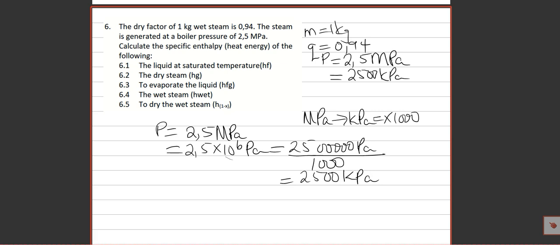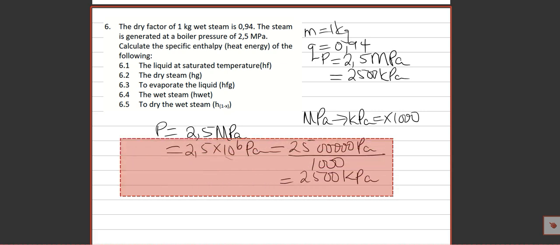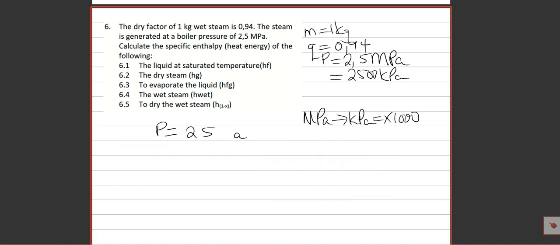So later on we're going to refer to our steam table for the value of the pressure. So let's move on.